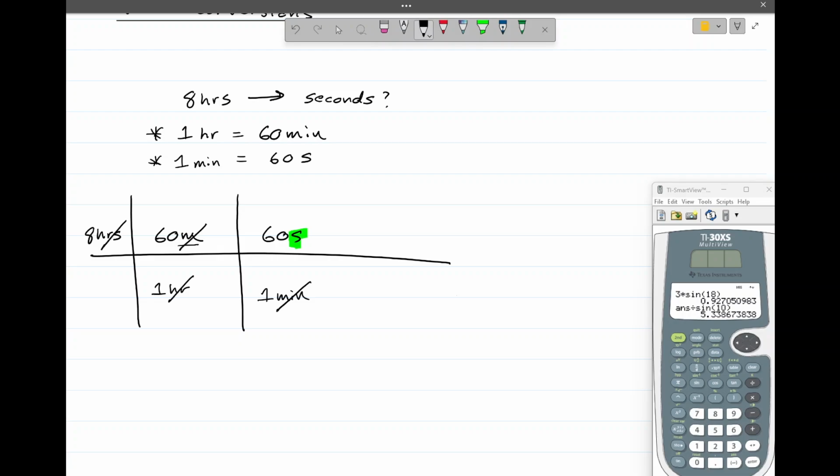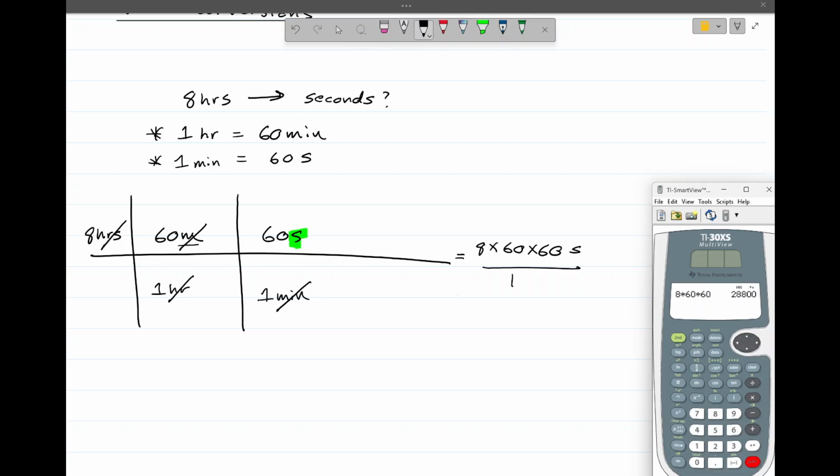So going across on top, what I have here is 8 times 60 times 60, and this is going to be seconds. And on the bottom here, 1 times 1 is 1. So over 1.